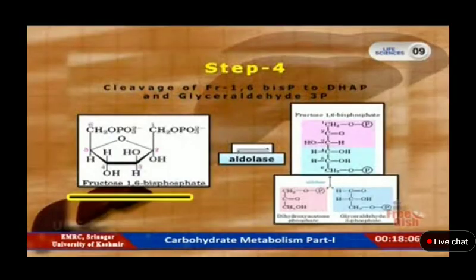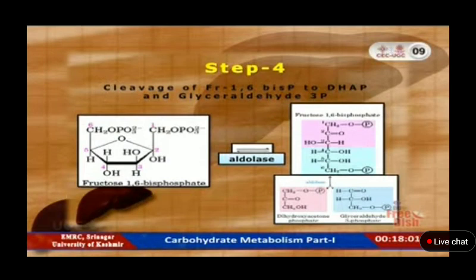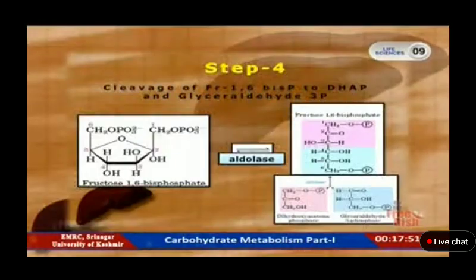Next step, fructose 1,6-bisphosphate is cleaved into two 3-carbon molecules, glyceraldehyde 3-phosphate and dihydroxyacetone phosphate. Now in the next step, only glyceraldehyde 3-phosphate can be degraded. So the dihydroxyacetone phosphate produced must be converted to glyceraldehyde 3-phosphate.